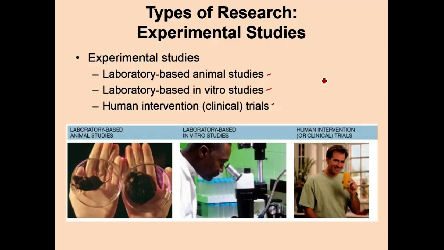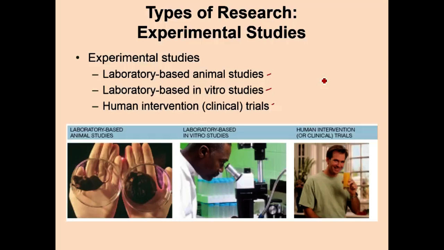Laboratory-based in vitro studies are where we take individual cells or an individual tissue, apply a treatment, and see how that tissue or those cells are going to react. But again, in these studies, it's very hard to take the results from an in vitro study and apply them right to a human.